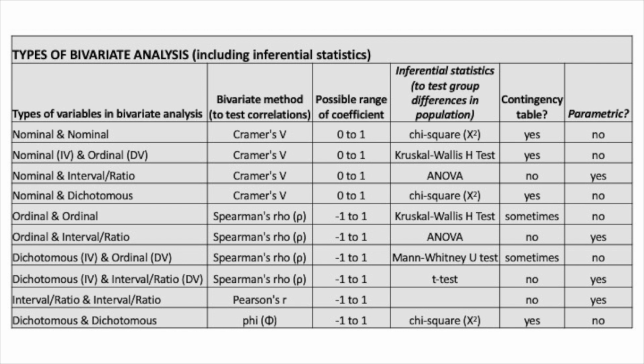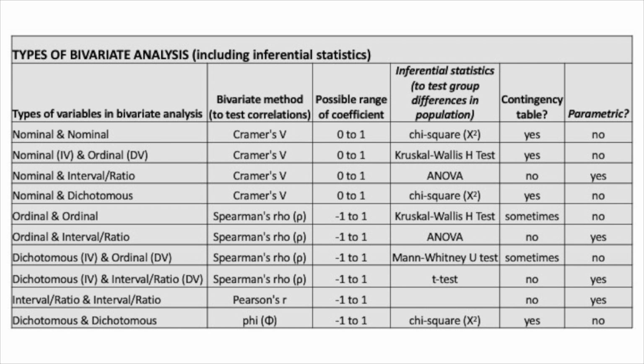Lastly, I want to show you our table. This might look familiar. This was in your PowerPoint module last week, or actually 2 weeks ago, when we were doing bivariate analysis and tests of correlation. I added another column here, actually 2 columns here. The inferential statistics column to test group differences in the population. This is indicating, based on the combination of variables that you have, what kind of inferential statistical test you would use.